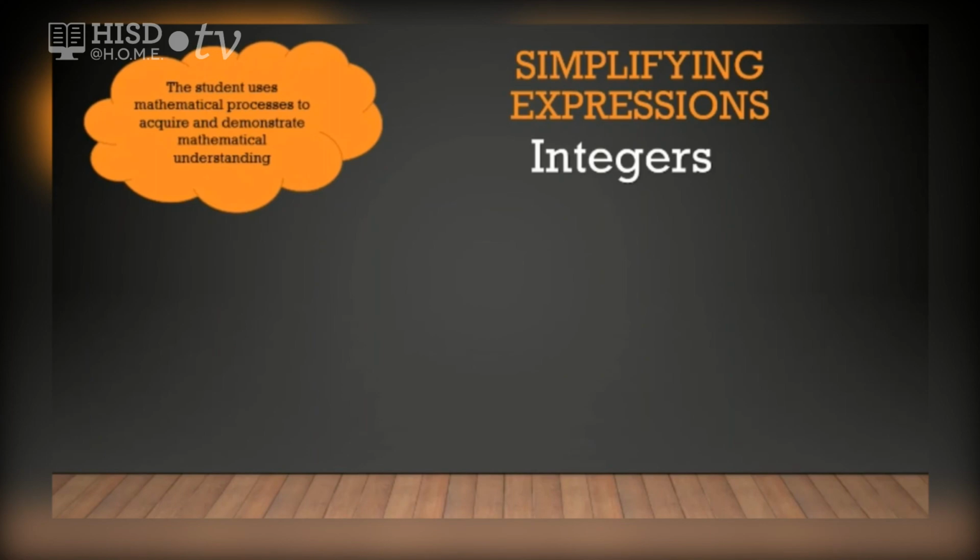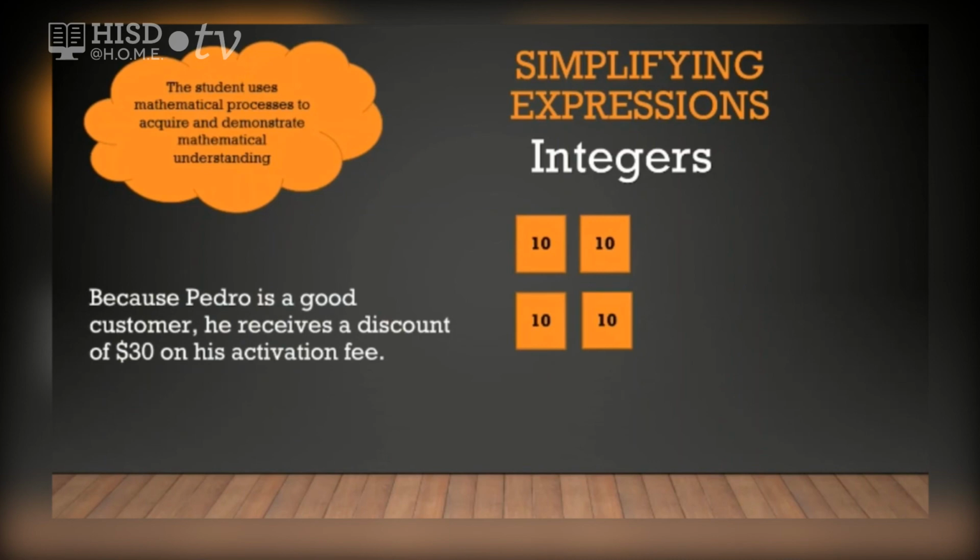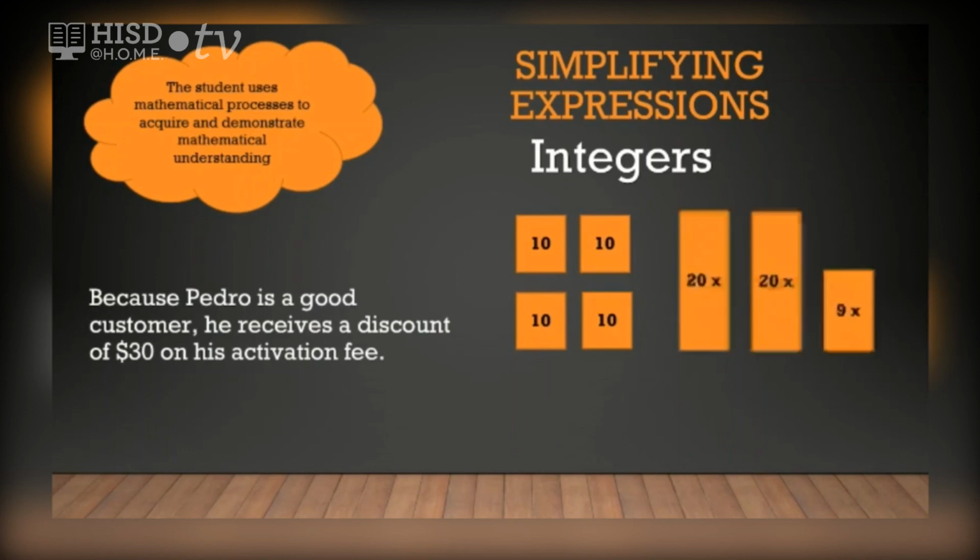Now we're going to explore the same problem, but now we're going to add some integers. And in order for us to do that, I'm just going to add that Pedro is going to receive a discount of $30. So now we have the same expression, which is $40 in constant and then $49 in variables, and we are gonna add these negative units of 30.